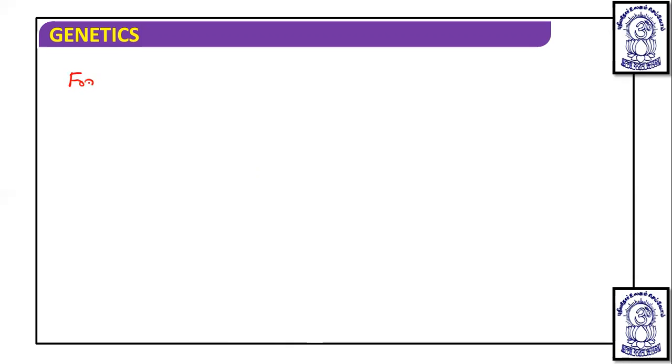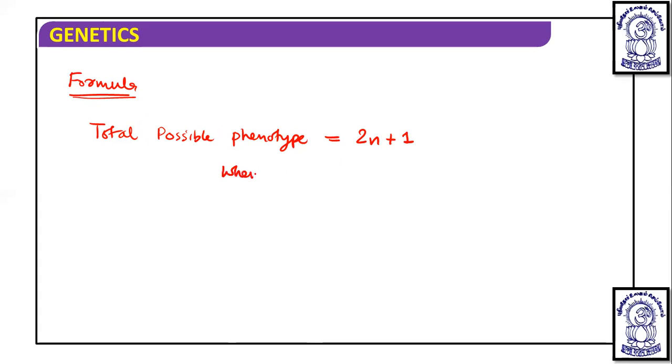If the character is controlled by polygenic inheritance, we can use this formula to identify how many total possible phenotypes there are. So the formula for the total possible phenotypes is 2n plus 1, where n is equal to the number of genes.